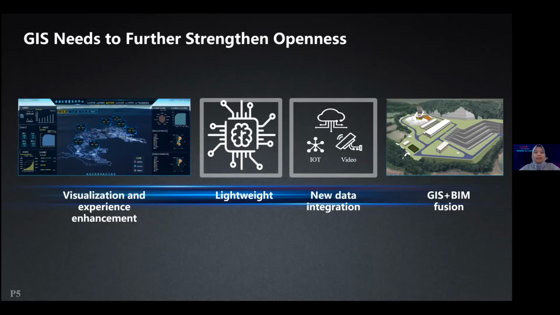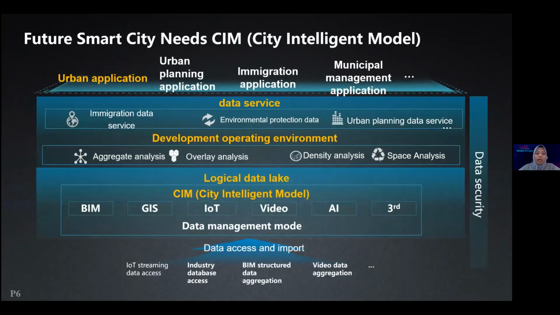Now let's take a look at the architecture to know about the future smart city. The implementation of smart city projects is based on a number of steps, including construction of the urban digital models, data collection, data analysis, interactive data visualization, and so on.